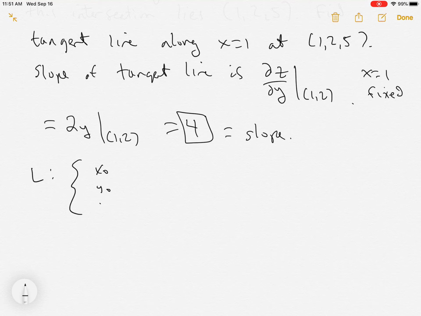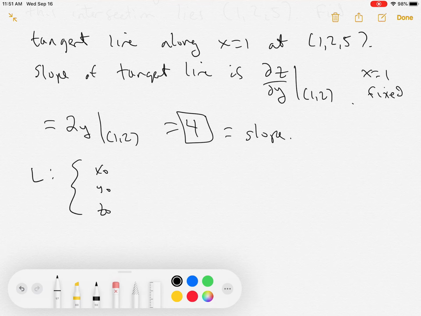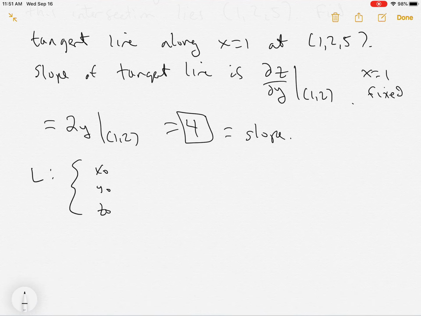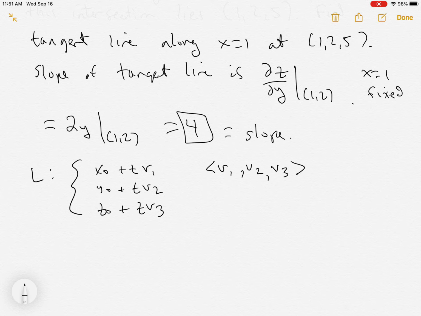It's (x0, y0, z0) plus t(v1, v2, v3), where v = (v1, v2, v3) is a vector parallel to the line.